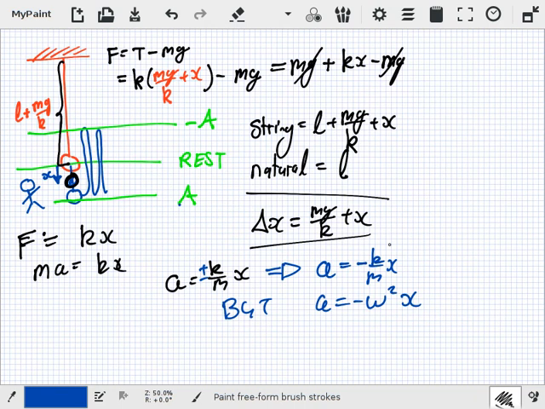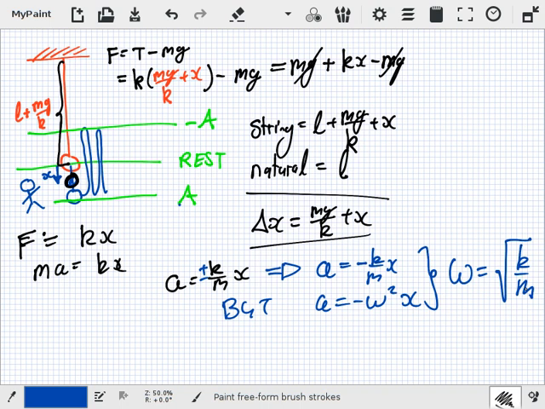So if you were to compare these two formulas, what would you say the omega equals? Nearly. You were closer the first time, you just forgot about the root. Yeah, root k over m.